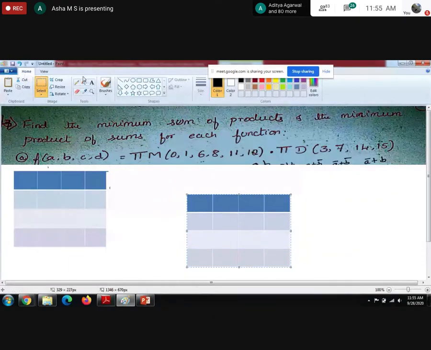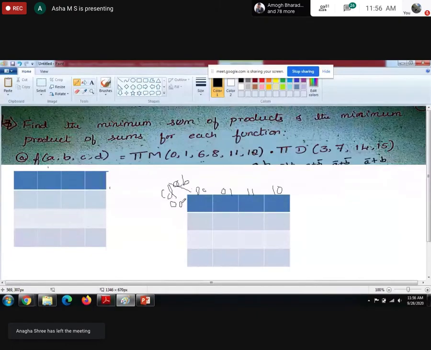So same we will be representing. Here AB, here it's CD. So here it is 00, 01, 11, 10. Here 00, 01, 11, 10. Then here I'll write the SOP form.